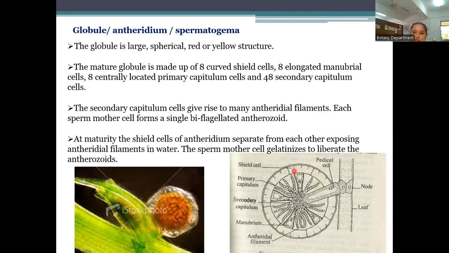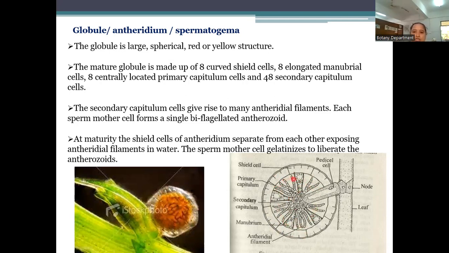See, 1, 2, 3, 4, 5, 6, 7, and 8. Eight plate-like curved shield cells are there. The shield cells are filled with red or yellow color pigment. That is the characteristic color of the antheridium, that is, the globule color. After the 8 shield cells, the next cells are called manubrial cells.